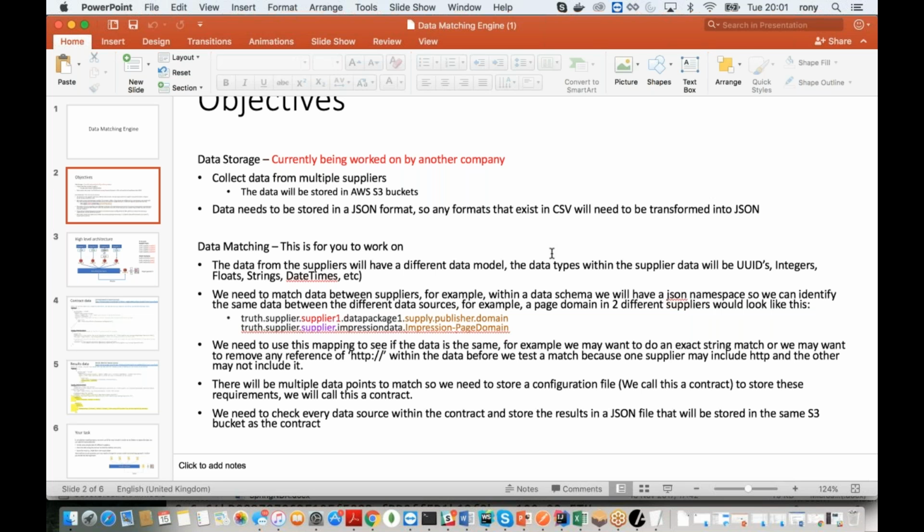Somebody will write a contract or write something like this. First of all, you give a query: can you search where this supplier data has this IP value, and another supplier has the same IP? The real problem they tell us about is, let's say BT has a budget of 5 million.